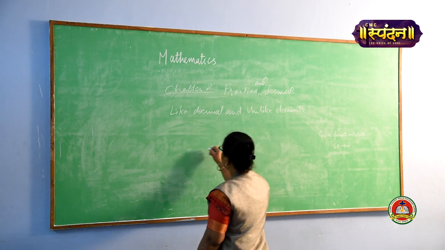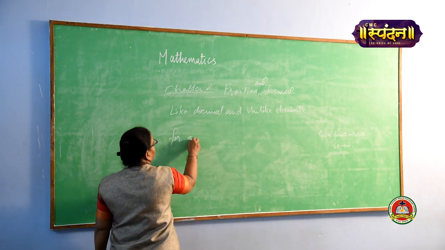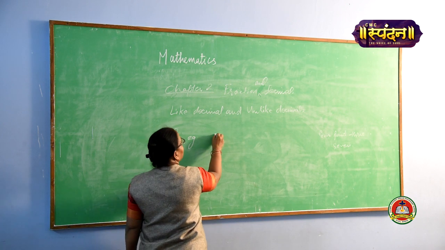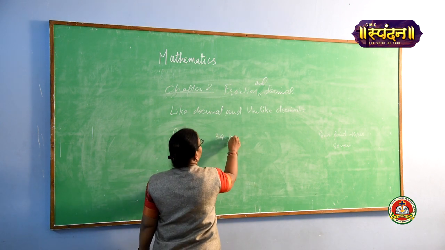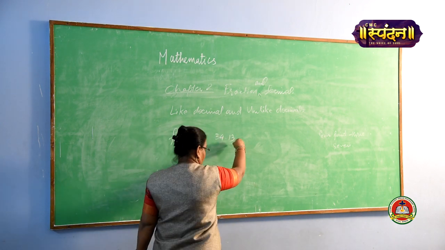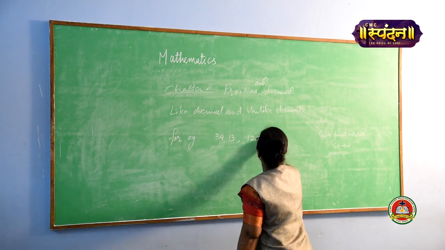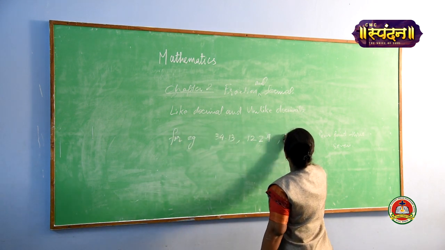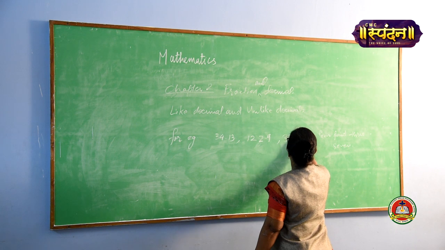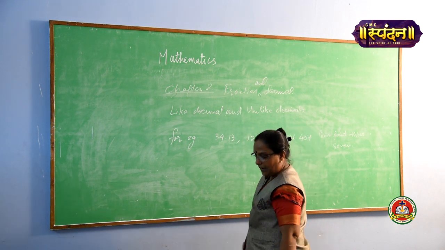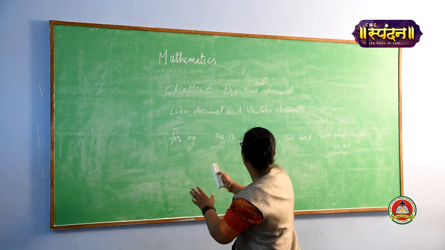For example, I am going to write 34.13. The second one is 122.9. Then 321.407. In this way, I have so many numbers.